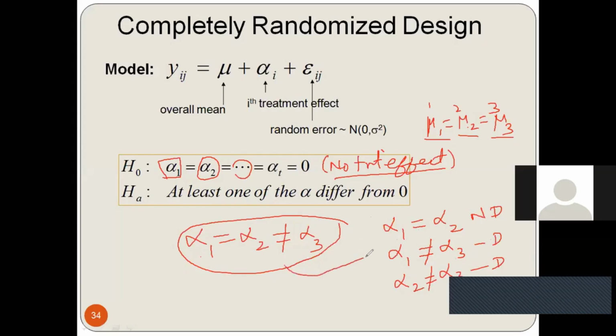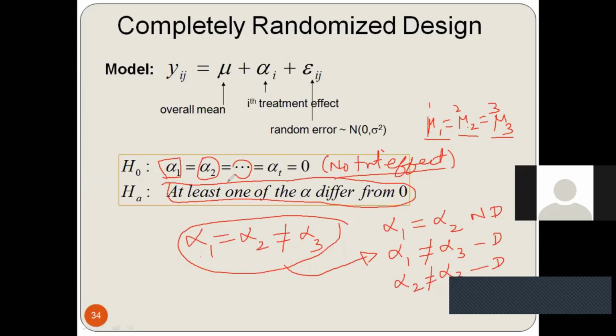So we can write this, can we? We don't know exactly how many not-equals are coming in between, so we write it as at least one of the alpha different from 0. This is the treatment effect, not the treatment mean.